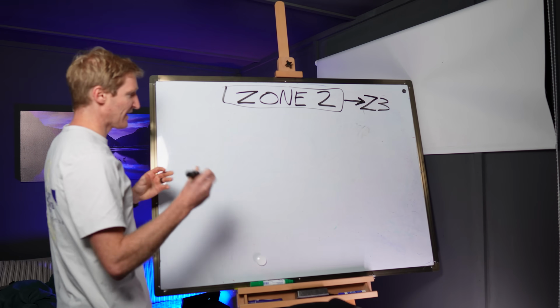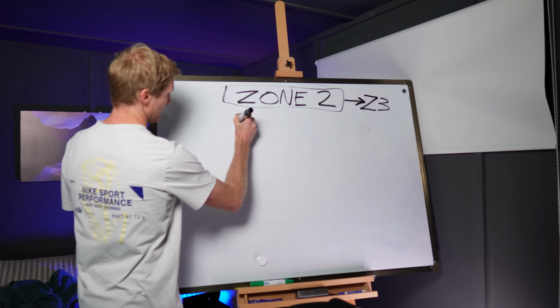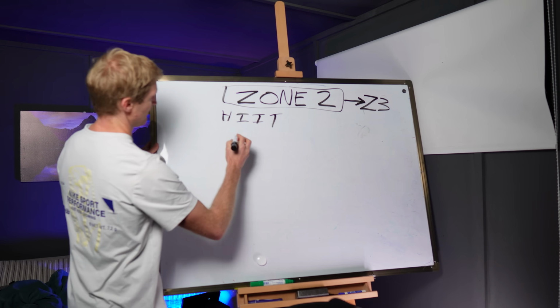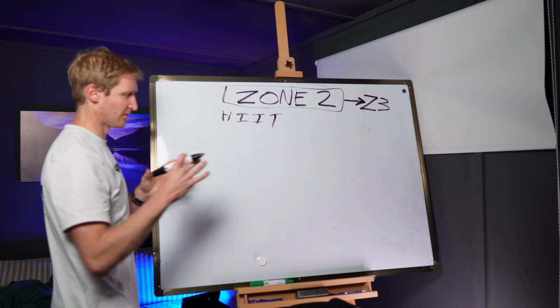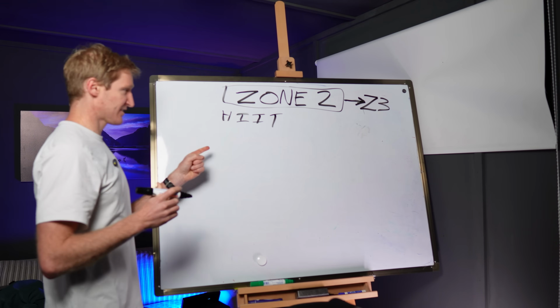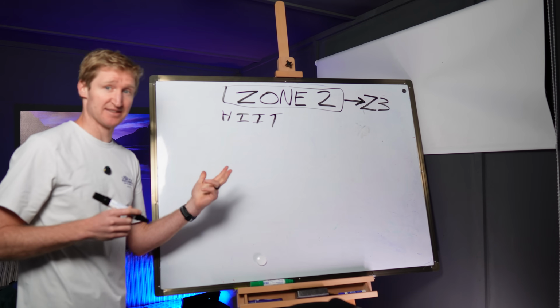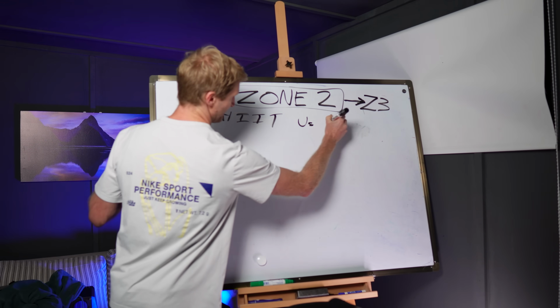Because you may have seen high intensity interval training, HIIT training. What is it? High intensity interval training. Yeah, so HIIT training is better for getting mitochondrial biogenesis, enhancing aerobic capacity than zone 2.